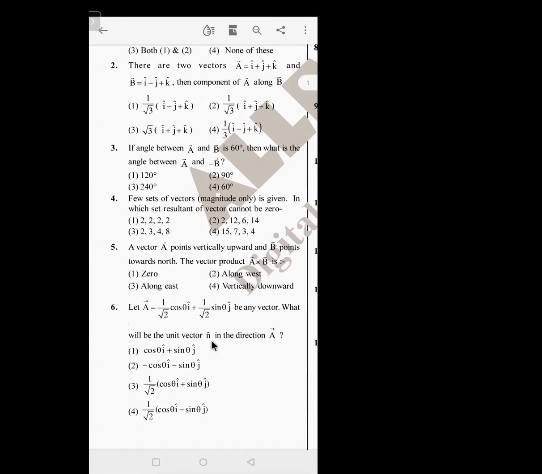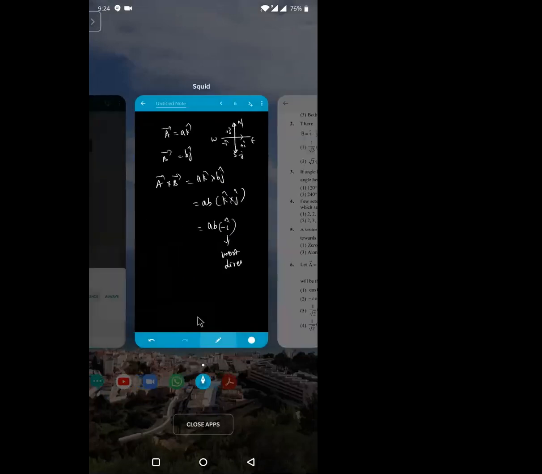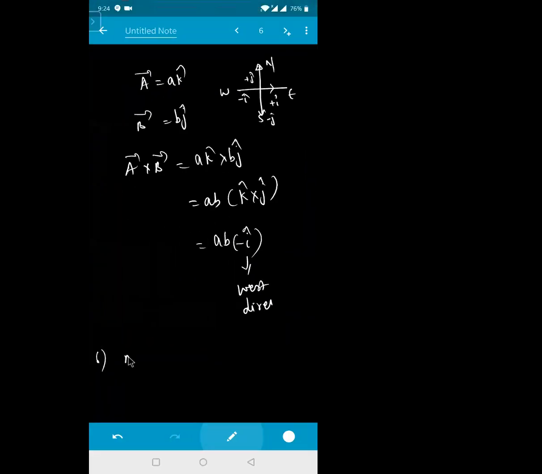Now you know that unit vector n cap in the direction of your A bar means how do you write? Can anyone tell me? So n cap is equal to A bar by mod of A. What is he asking right now? What will be the unit vector n cap in the direction of your A bar? A bar value I already got: 1 by root 2 into cos theta I cap plus 1 by root 2 into sin theta j cap. The magnitude of this will become how much, beta? 1 by root 2, 1 by root 2 will get cancelled.